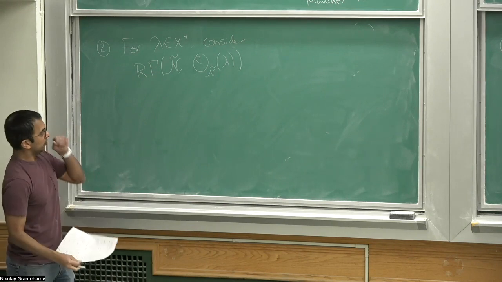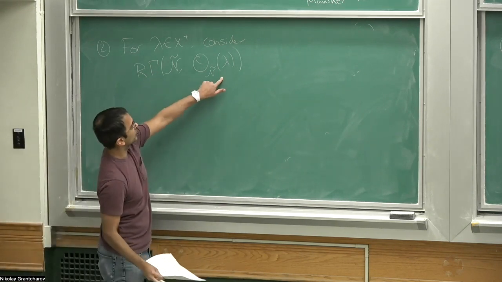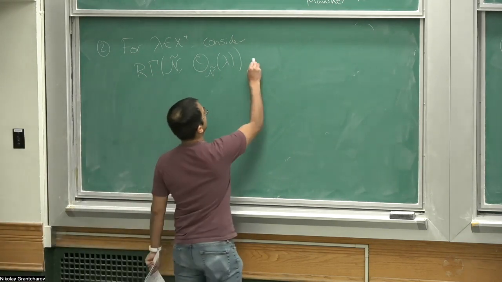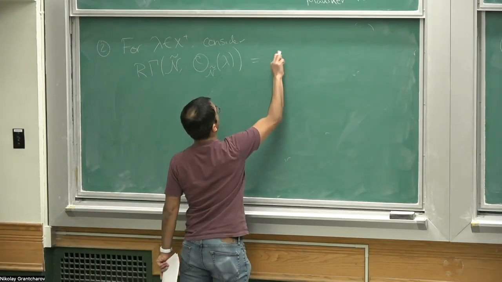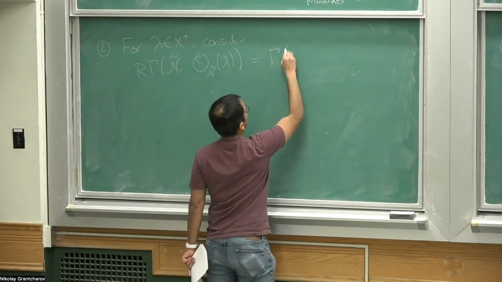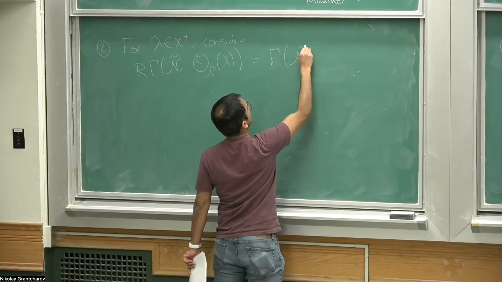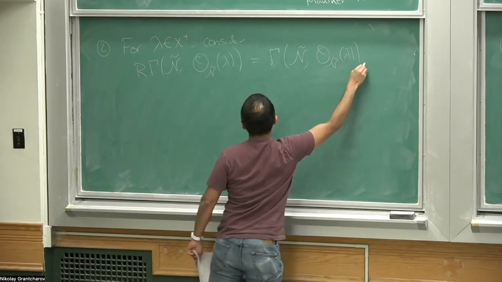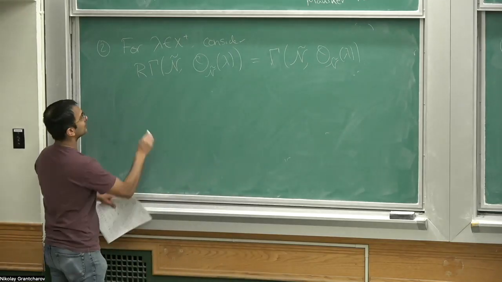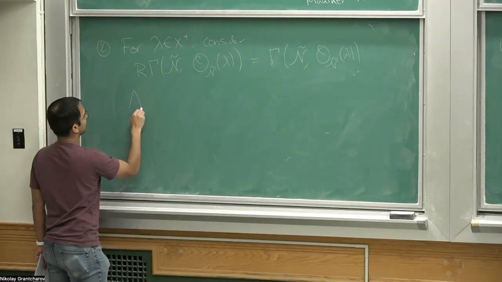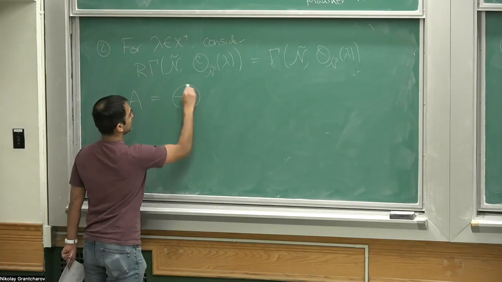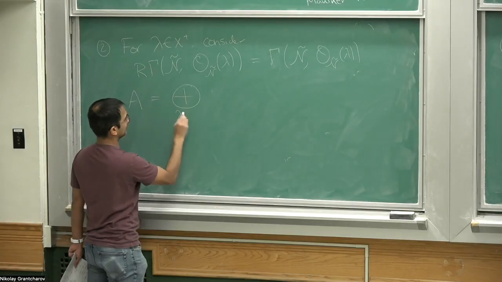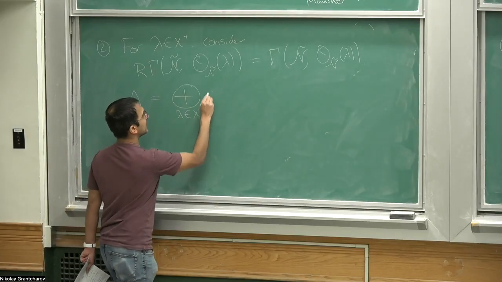It turns out that for every dominant weight, these derived global sections have no higher cohomology. And you can take the direct sum of these. I'm going to call it A. So I'm going to take the direct sum over all dominant weights.